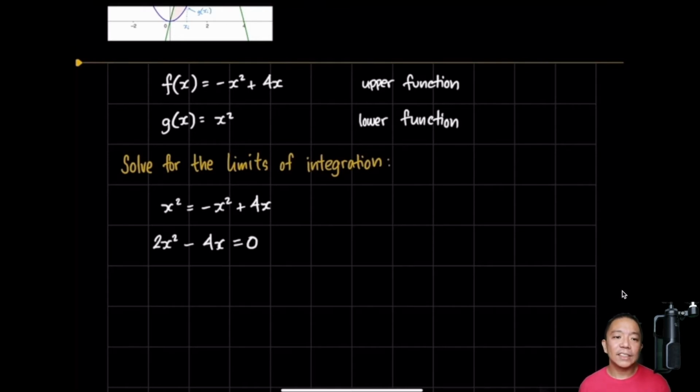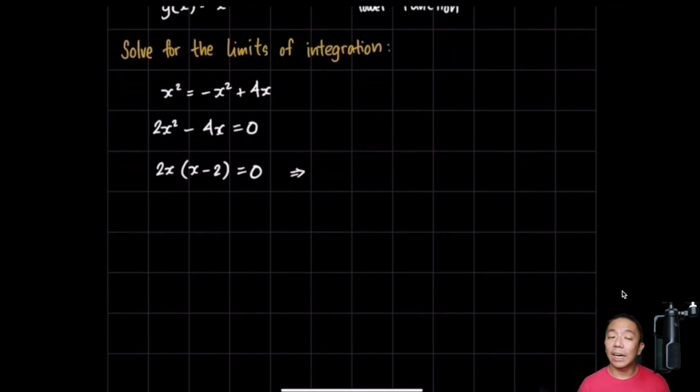So solving this, x squared equals negative x squared plus 4x, or this can be rewritten as 2x squared minus 4x equals 0. Factoring out 2x, we get x is equal to 0 or x is equal to 2. So dalawang x values natin, ito yung x values ng points of intersection. And then yung ating interval, kung saan tayo mag-integrate, will be bounded by 0 and 2.